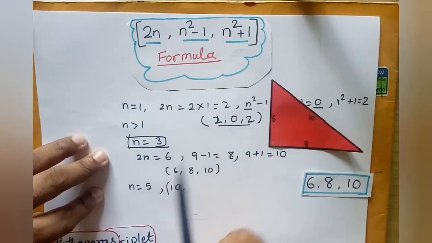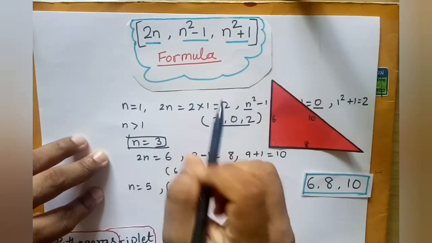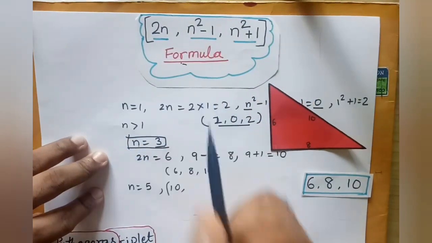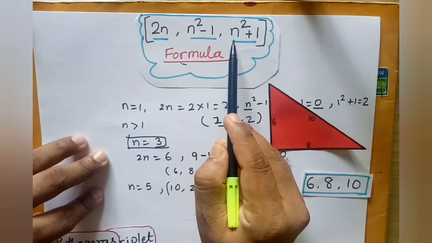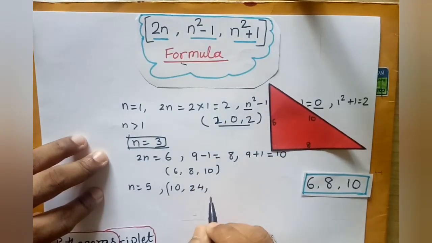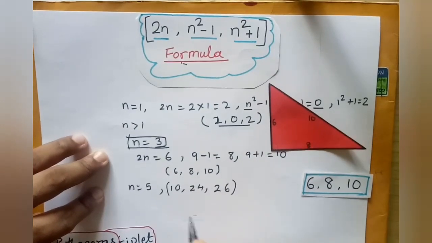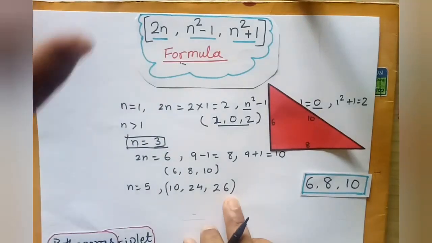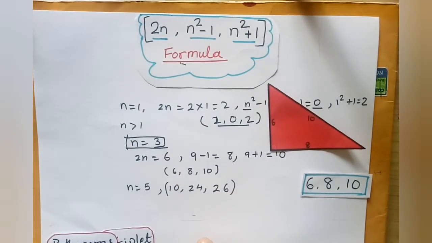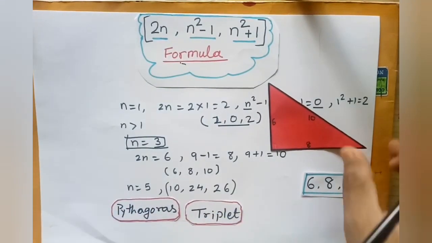Second is n squared minus 1, that means 5 squared is 25 minus 1, which means 24. And the last one is n squared plus 1, 25 plus 1 means 26. So this is my next triplet. This way you can find the n number of triplets for an existing triangle. I hope you got this Pythagoras triplet with these examples.